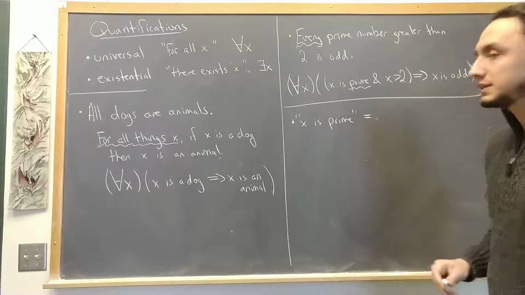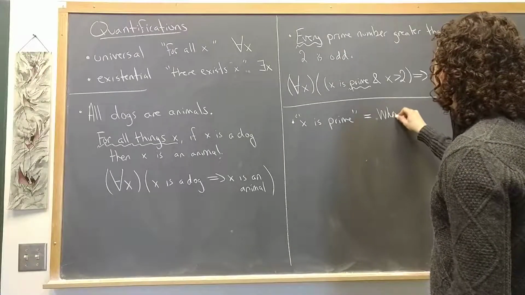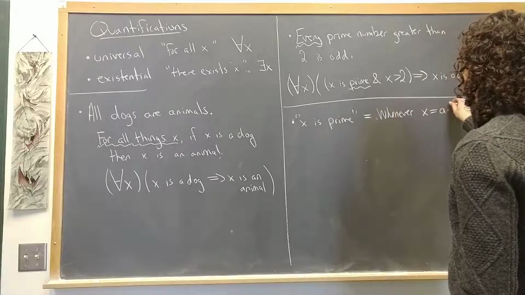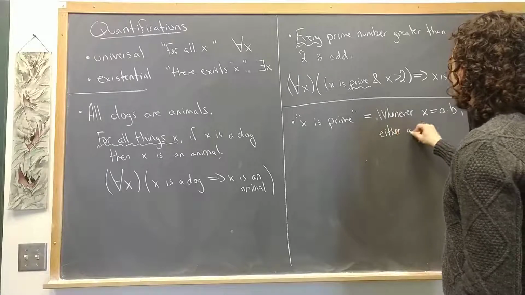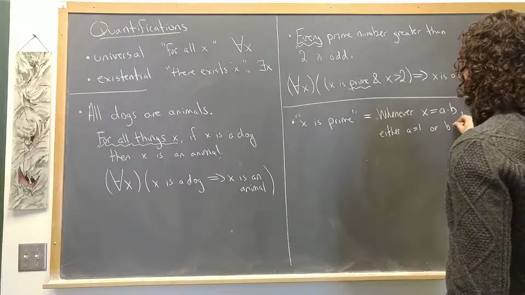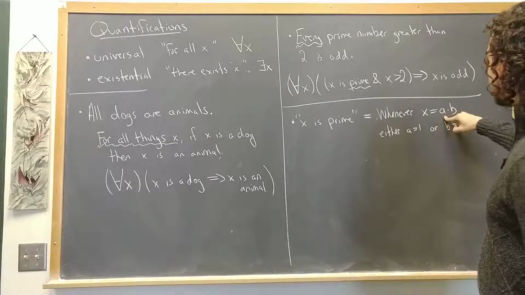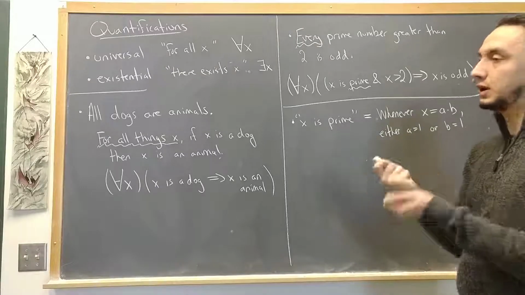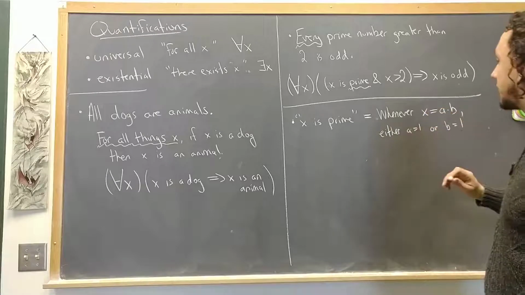What this really means is whenever x is equal to a times b, either a equals 1 or b equals 1. It's exactly what a prime number is: a number that you can't factor unless one of the two factors is 1. There's no way of splitting it up into two factors that aren't trivial, in the sense that one of them isn't 1 and the other one is just x.